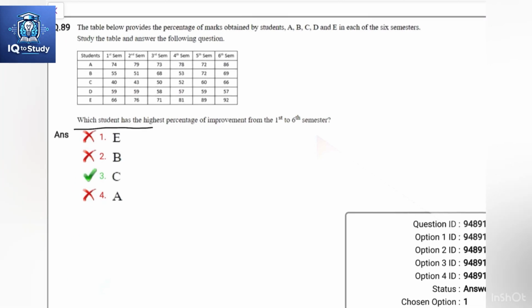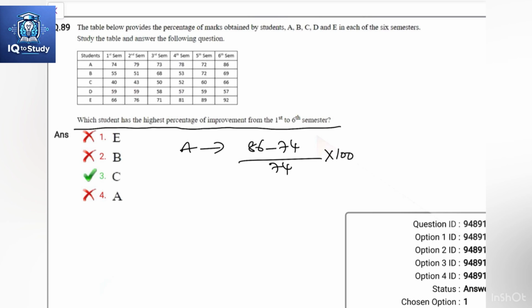Which student has highest percentage of improvement from first to sixth semester? Here, improvement in marks of student A from first to sixth semester is 86 minus 74 divided by 74 into 100, which is equal to 12 by 74 into 100, and the value is 16.21%.